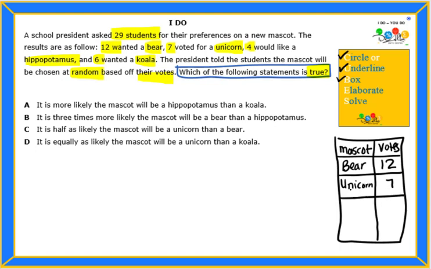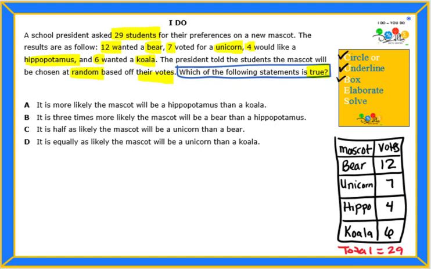Then we had the hippo with 4 votes. And last but not least, koala with 6 votes. Also, we were already told that the total was 29 votes.